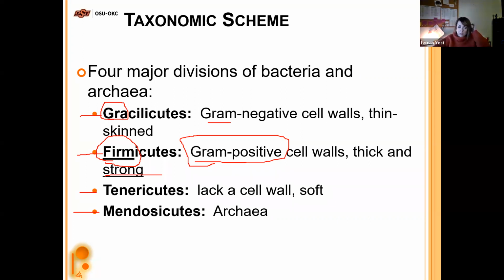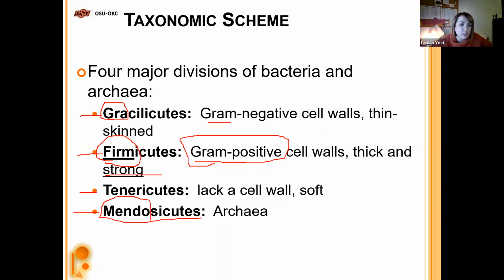The other ones, mendosicutes. Mendosicutes, I dated this guy in, I guess, middle school or high school. I don't really remember. His name was Joey Mendoza, and he was like the oldest, my first boyfriend I ever had or something stupid.